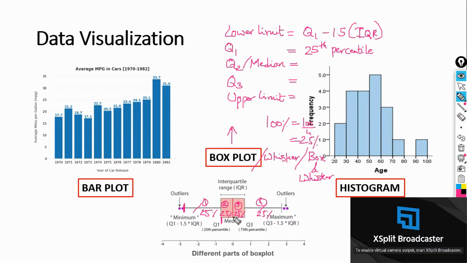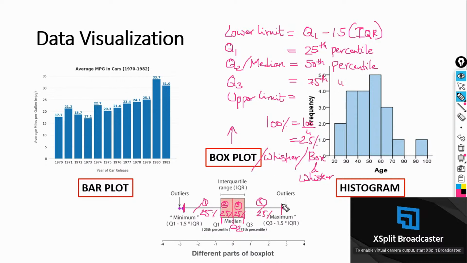Then when you come to the next part, 25 plus 25 is 50. So this is Q2, also called the median. Then Q3 is nothing but the 75th percentile, 25 plus 25 plus 25.